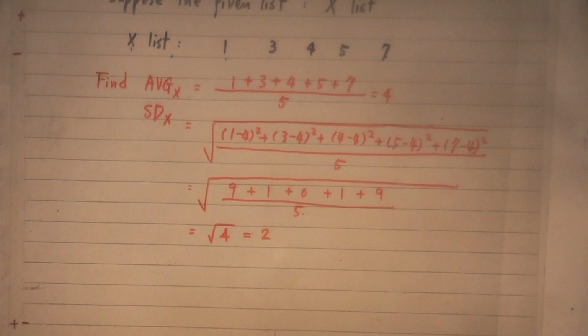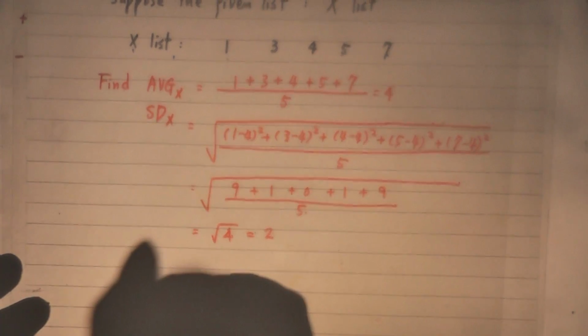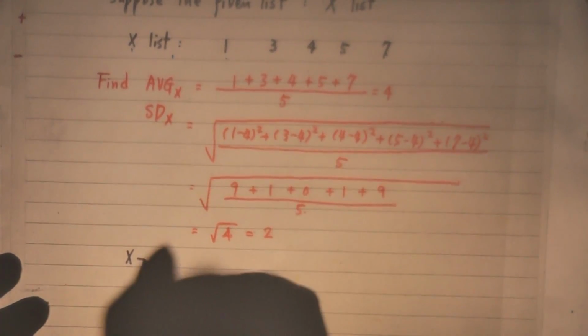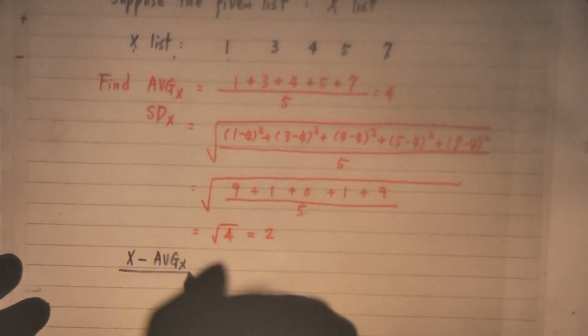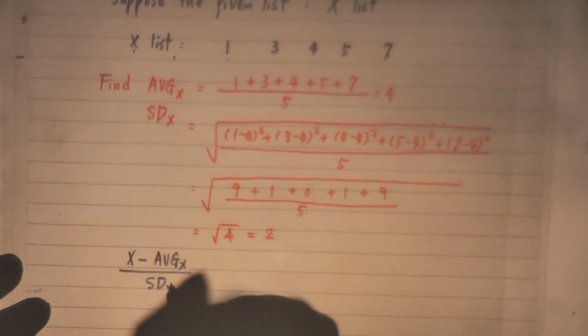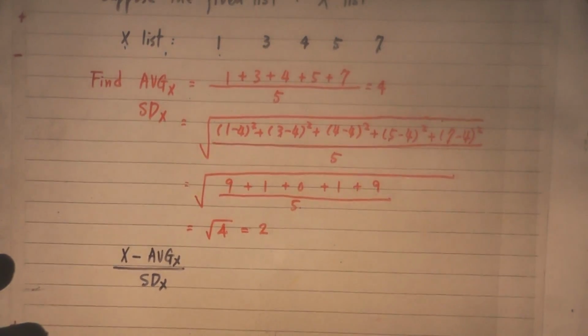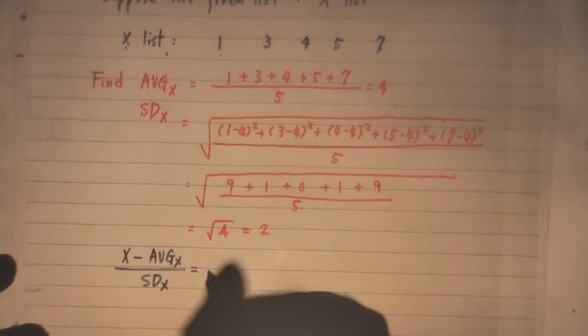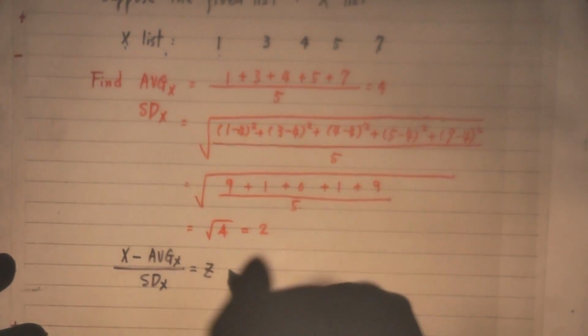We call the procedure standardizing X. Now, X minus the average of X, then divided by the standard deviation of X. I call the resulting scores z-scores.